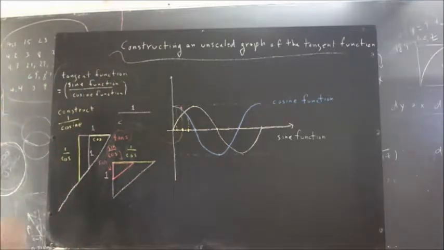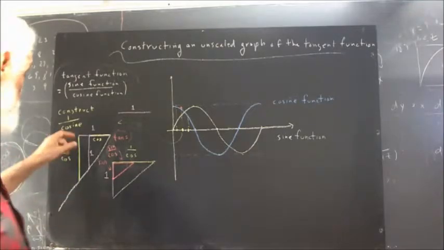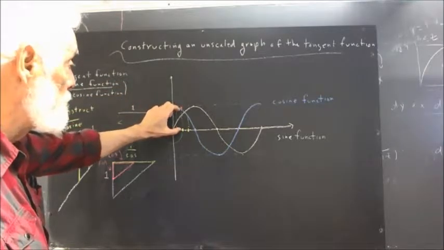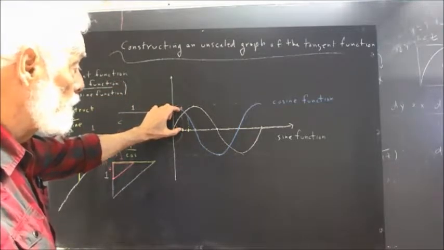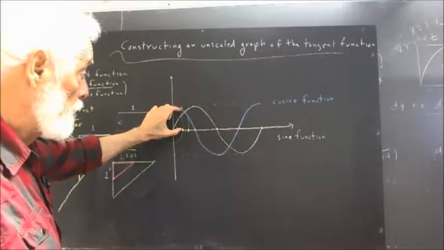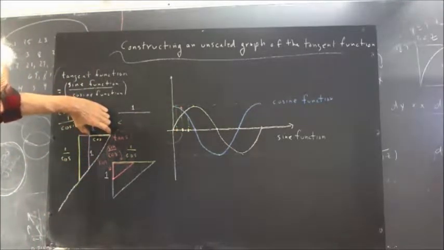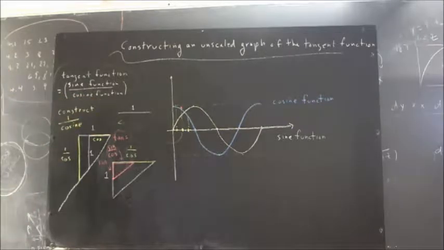Okay. So we construct the reciprocal of the cosine. To do that, we first take the value of the cosine, which corresponds to this distance here from the horizontal axis up to the blue line, and we construct a segment of that length. That's the yellow segment here. Then we construct our unit segment.